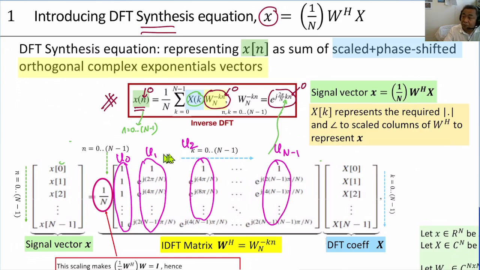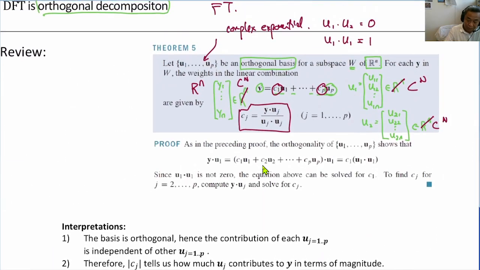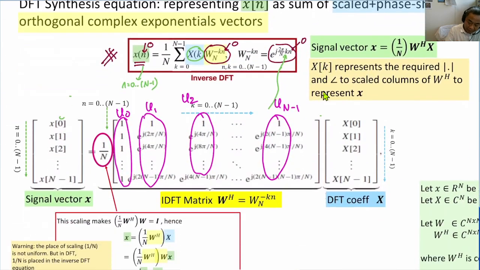What is U? These U's are the U that we have talked about in the previous slide, the orthogonal basis. This is the Fourier basis U. What are the coefficients C1 to CP? This is the capital X, the DFT coefficients.